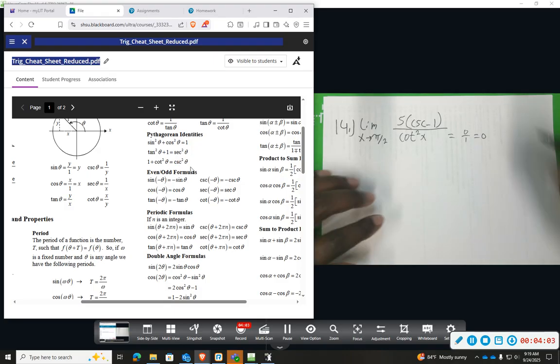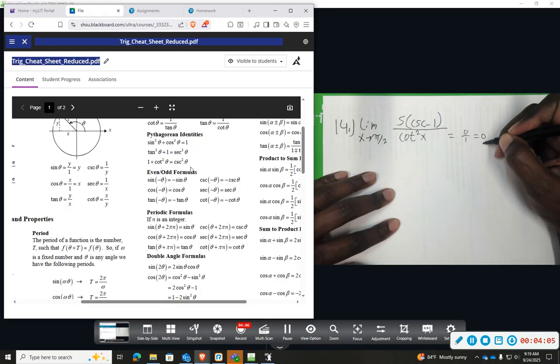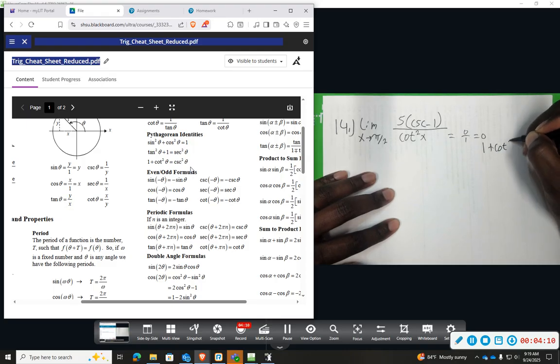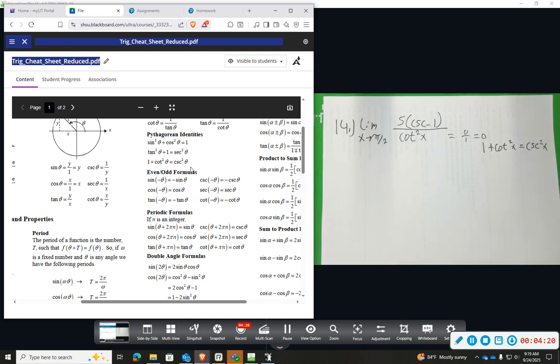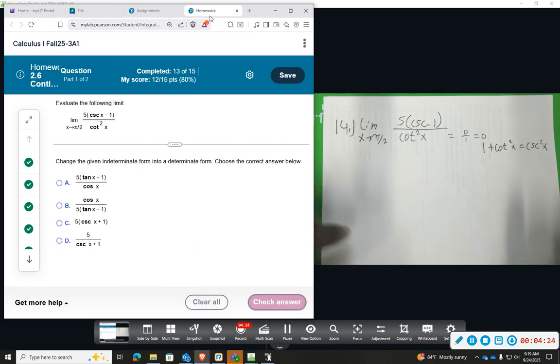They use theta, but we're using x. So this is the identity we want to use, and those are some of the things you have to think about and be aware of beforehand.